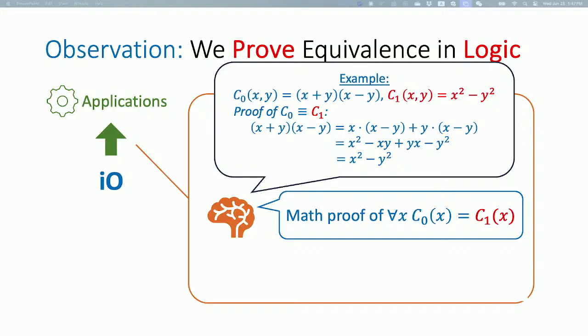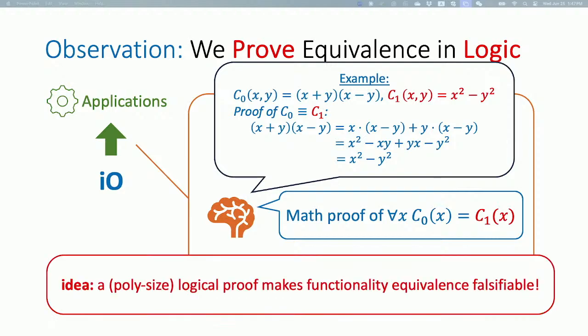You first expand this multiplication, and you collect the terms, then you get x squared minus y squared. So our key idea, based on this observation, is to leverage this mathematical proof of functionality equivalence to bypass this functionality equivalence barrier. Once you have such a mathematical proof of equivalence, then you can verify functionality equivalence in polynomial time.